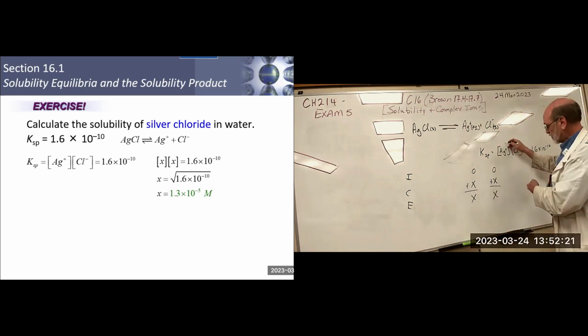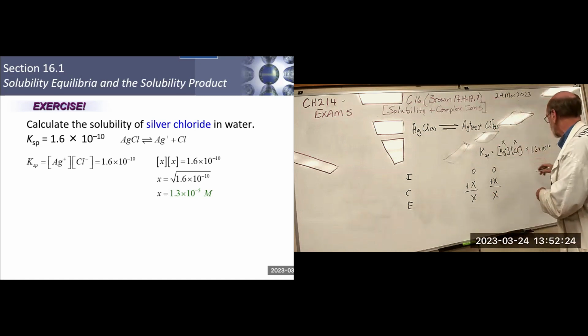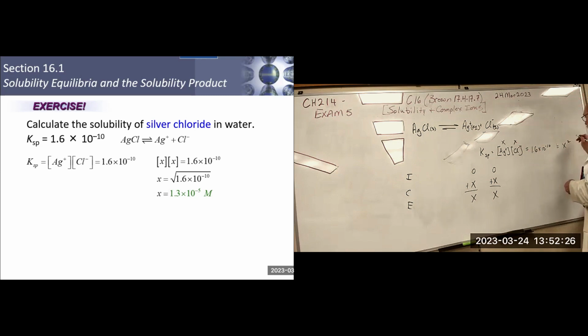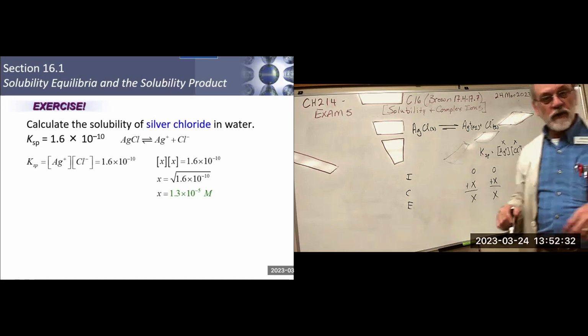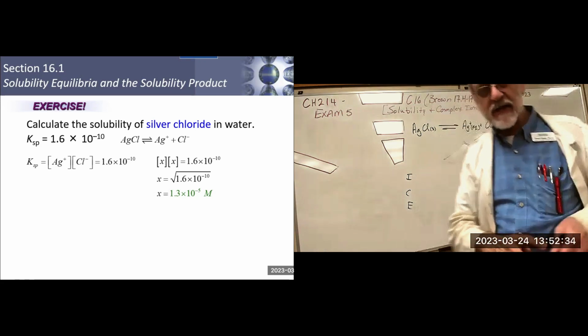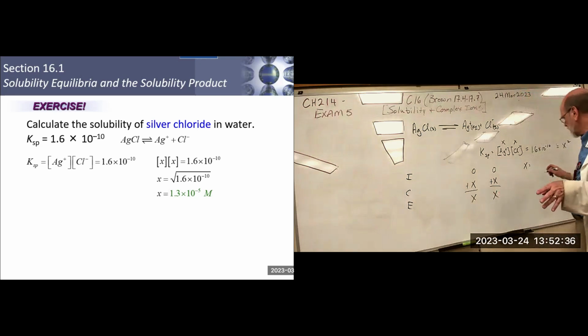So now this would be substituting X here and X here, and that would be equal to X squared, correct? Okay. So what's X? X is the square root of 1.6 times 10 to the minus 10. Oh, it's already given for us. 1.3 times 10 to the minus 5. Okay, and that's molar.